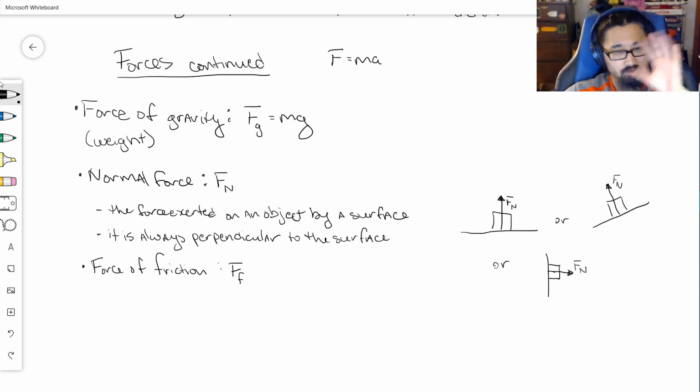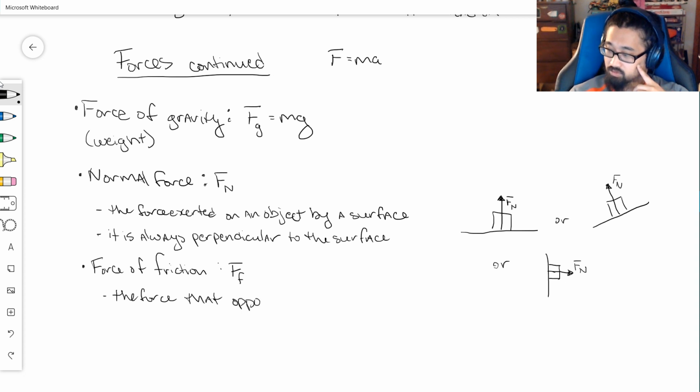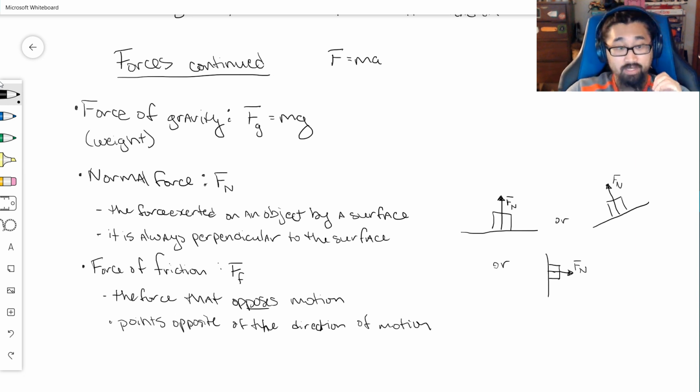This is the force that opposes motion. So it points opposite of the direction of motion. Whichever way your object is going, force of friction is going to point the other way.